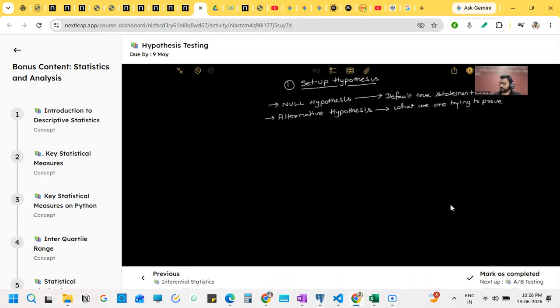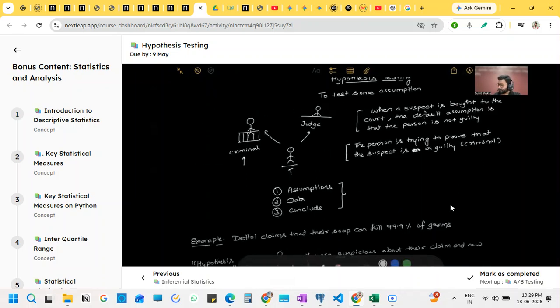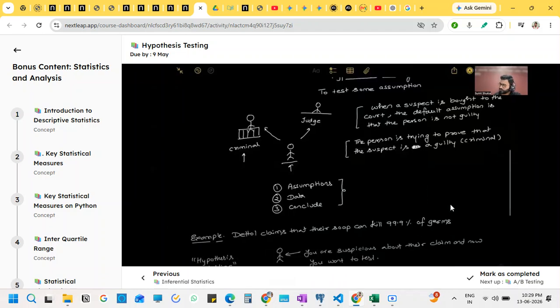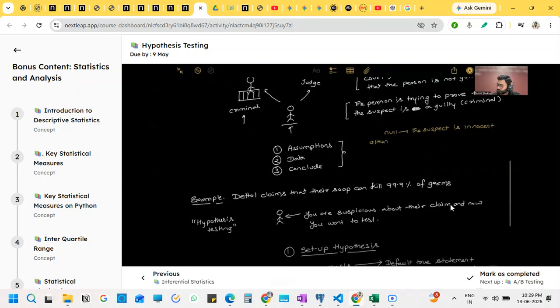Simple. So if I go back and think about this example where we have a judge and a criminal, here the null is basically the suspect is innocent, while the alternative, that we want to prove, is the suspect is guilty, right?